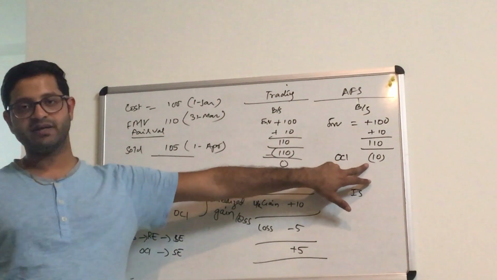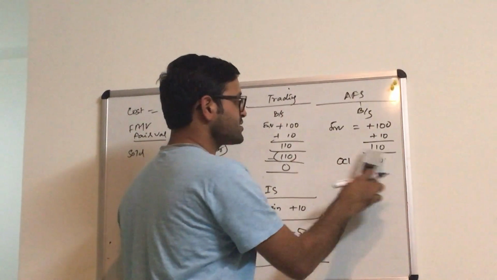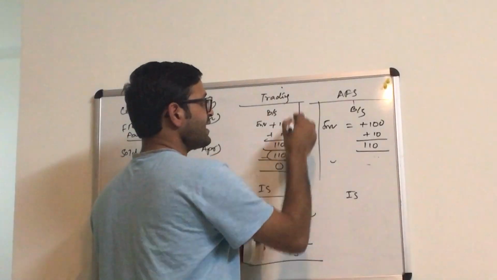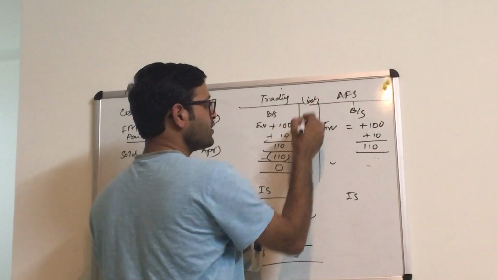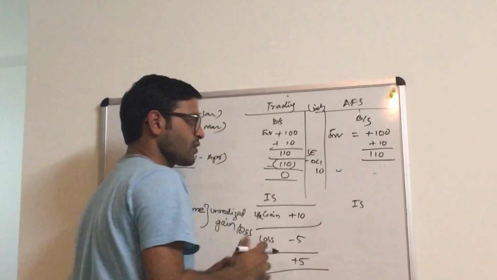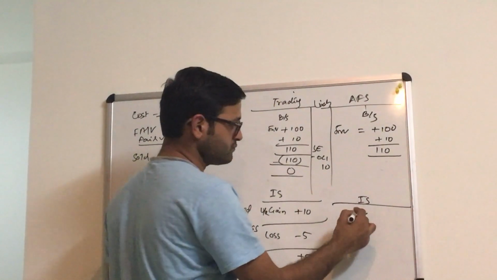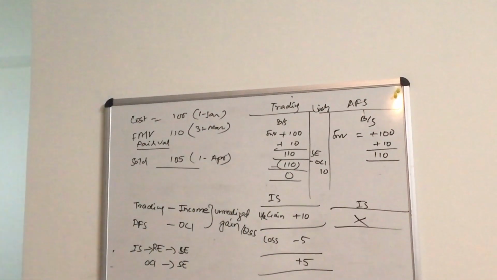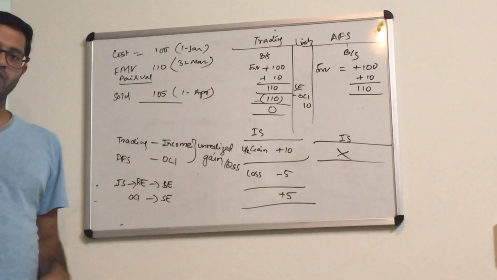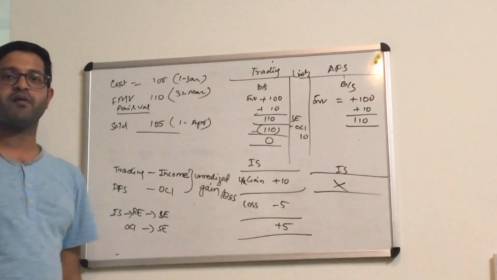It's on the liability side, under shareholders' equity, you will have OCI. Is it a contra? No, it's not a contra. So OCI 10. But income statement, no impact. It skips. No unrealized gain, nothing. It directly skips and goes on to OCI and investment.